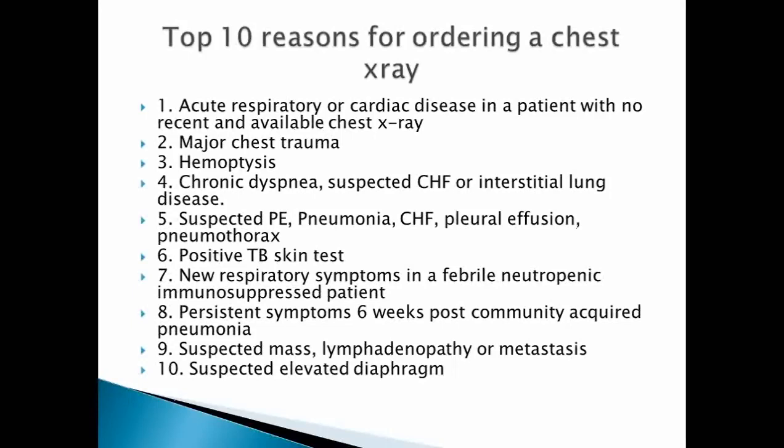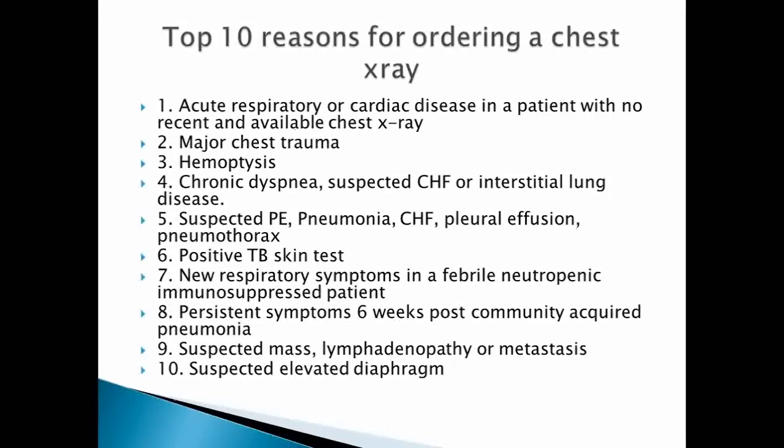If they have persistent symptoms and they've already been treated for a community-acquired pneumonia, also known as CAP, and they're still sick or still coughing, then you need to do another x-ray. You will learn that if you have a patient with pneumonia on chest x-ray, you should follow up anyway, because sometimes that pneumonia can cover up a nodule or a mass.